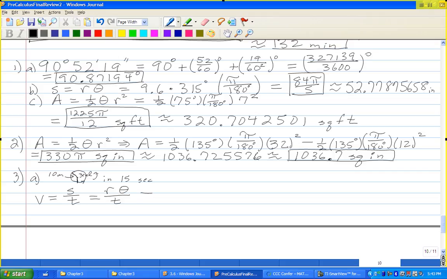And so the radius is 10 meters. The radians is 3. The time is 15. And so this is 2 meters per second.